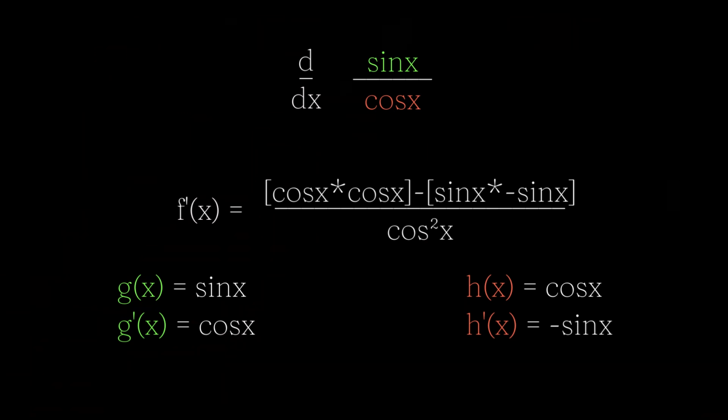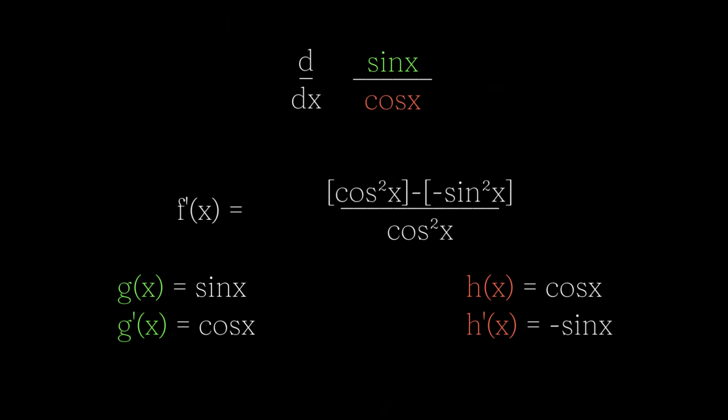G prime of x times h of x, or cosine x times cosine x, minus g of x times h prime of x, or sine x times negative sine x, all over h of x squared, or also cosine squared x.